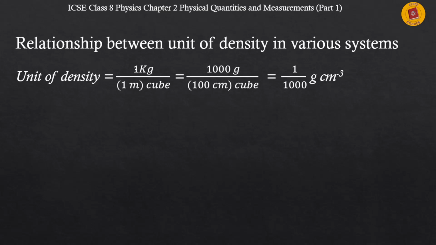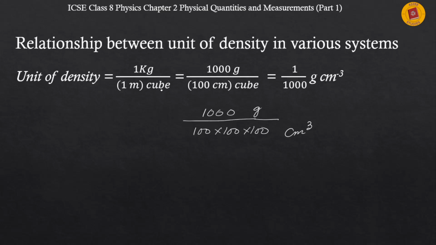In the SI system, this is 1 kg divided by 1 meter cube, cubic meter, whatever you say. Now 1 kg is equal to 1000 grams and 1 meter is equal to 100 centimeter. Therefore, since it's a cubic meter, it's a cube, we will write 1000 divided by 100 into 100 into 100, 3 times 100. This is grams and this is centimeter cube.